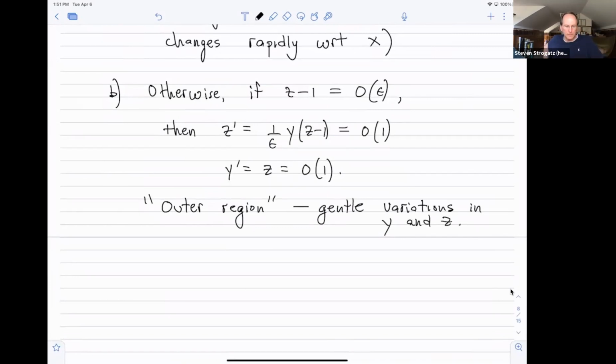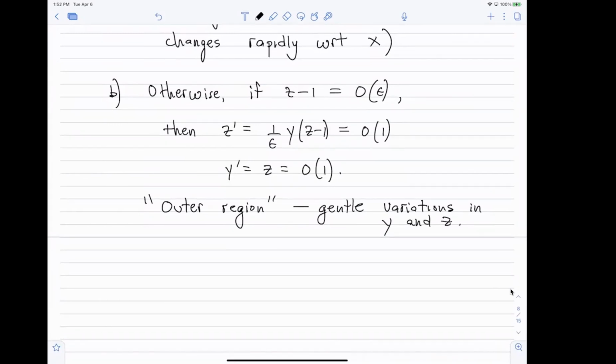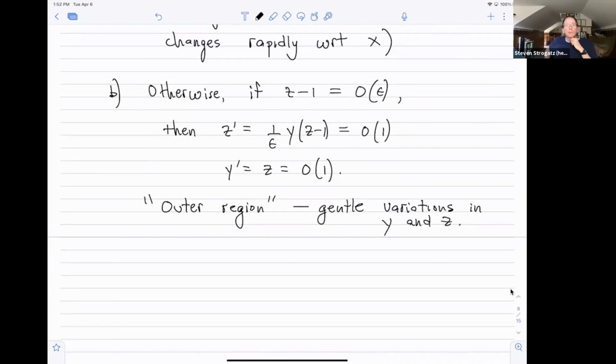Not rapid. So basically in this situation, the outer region will have the thickness of the inner region from the previous times, because usually the inner region was the one that had the order epsilon, but now the outer region has that. It's strange, isn't it?